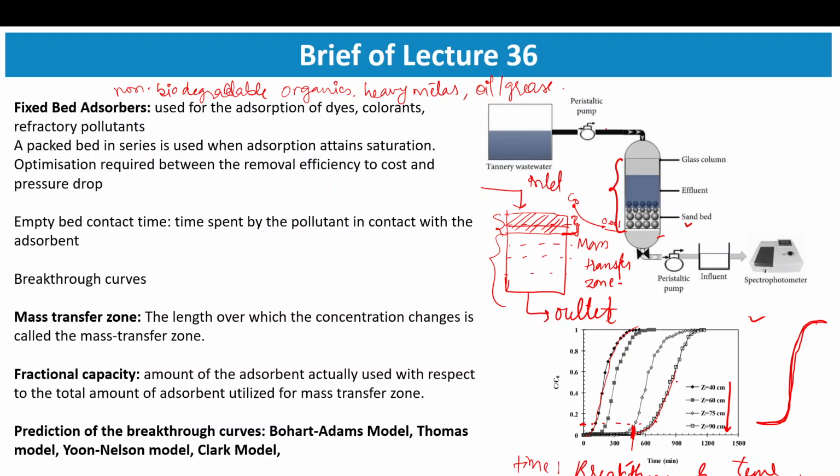So as you keep on increasing the depth of the bed, the breakthrough time is increasing and the S curve is becoming less steep, and the breakthrough time is also shifting, right? So the more the amount of adsorbent, obviously the more will be the breakthrough time.